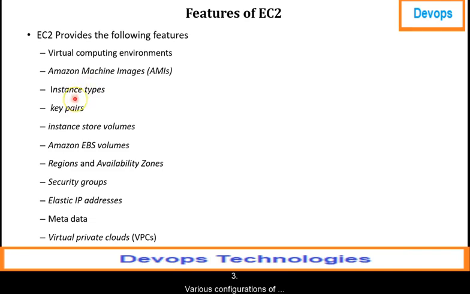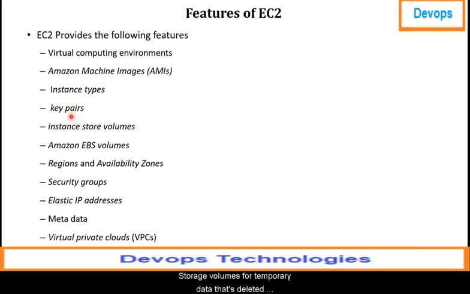Third one is various configurations of CPU, memory, storage, and networking capacity for your instance, known as instance types. Fourth one is secure login information for your instances using key pairs. That is, AWS stores the public key and you can store the private key in a secure place.